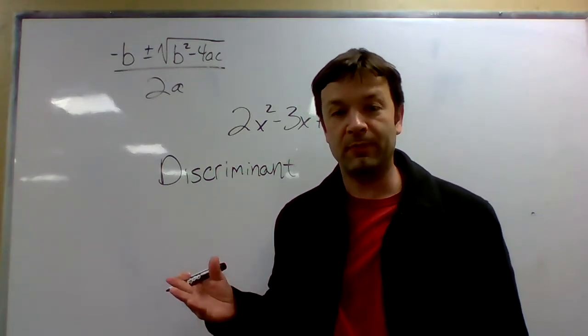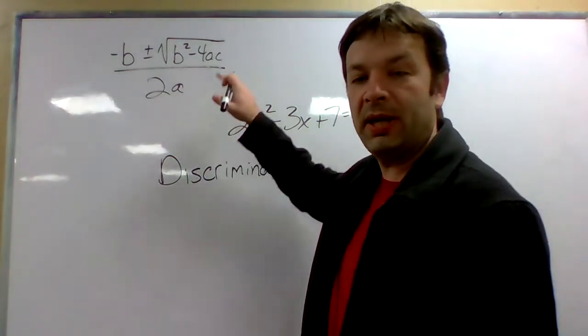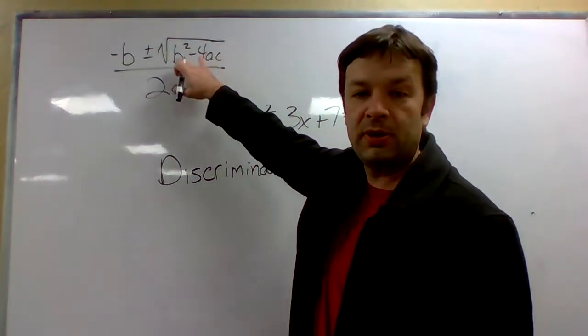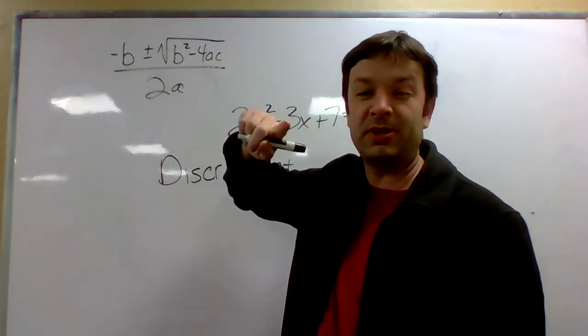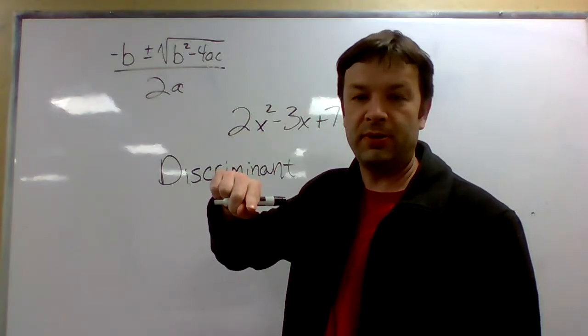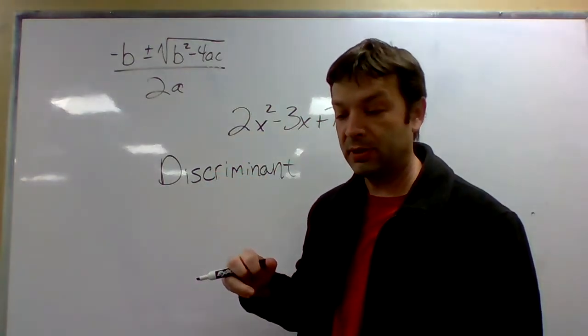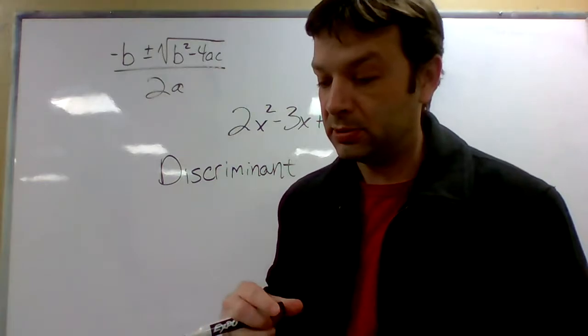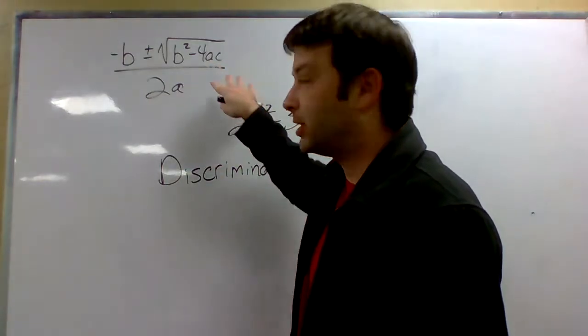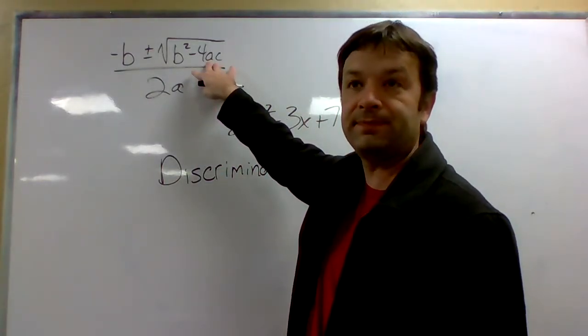I don't know if you guys remember from last week, but when you got, for example, a 0 from this, you would always end up getting one answer for your equation.